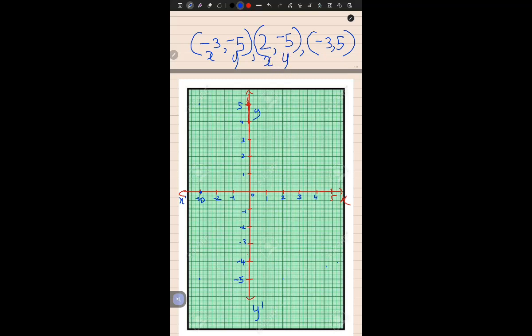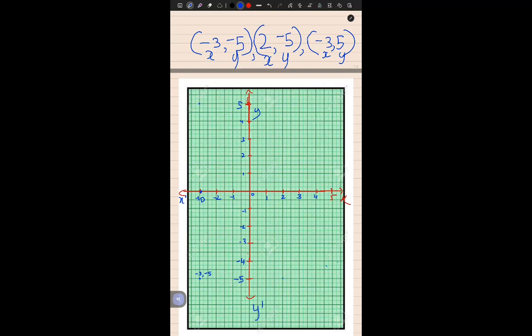So this is the x axis. So we have to mark minus 3 and minus 5, and 2 and minus 5.